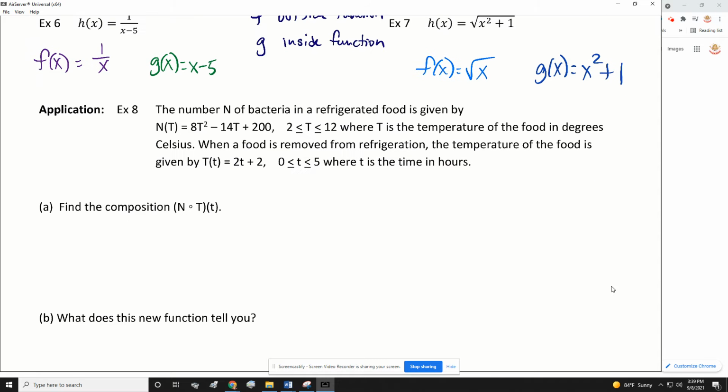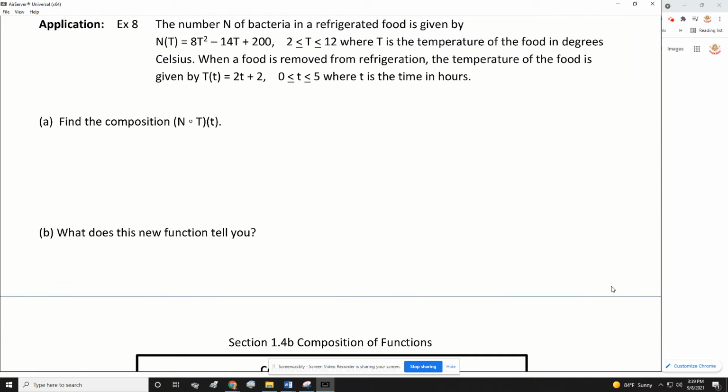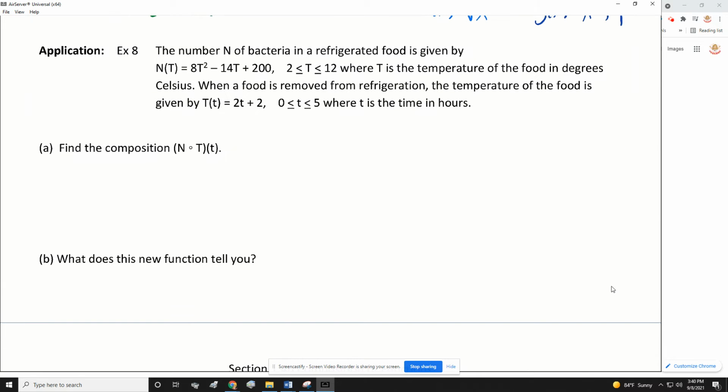All right, and then for this application problem, the number of bacteria in a refrigerated food is given by n of capital T. And capital T is between 2 and 12, and it is the temperature of the food in degrees Celsius. And then we have another function that we know that when a food is removed from refrigeration, the temperature of the food is given by this function, which is capital T of lowercase t, where lowercase t is time in hours between 0 and 5.